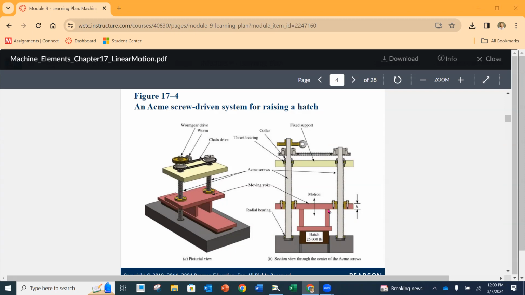Now, the nature of the Acme screw is that we are going to rotate them. And that is going to have that nut travel up or down depending on the direction of rotation. Okay. So you'll notice that they're tied together with a chain, and that way they're going to be going at the same rotational speed up and down.